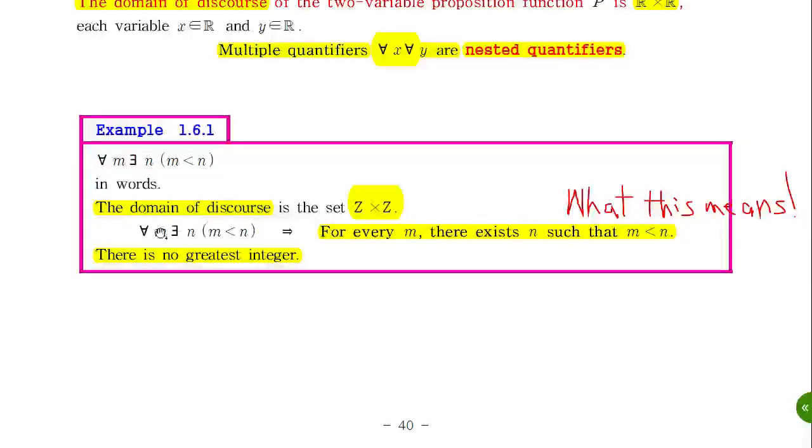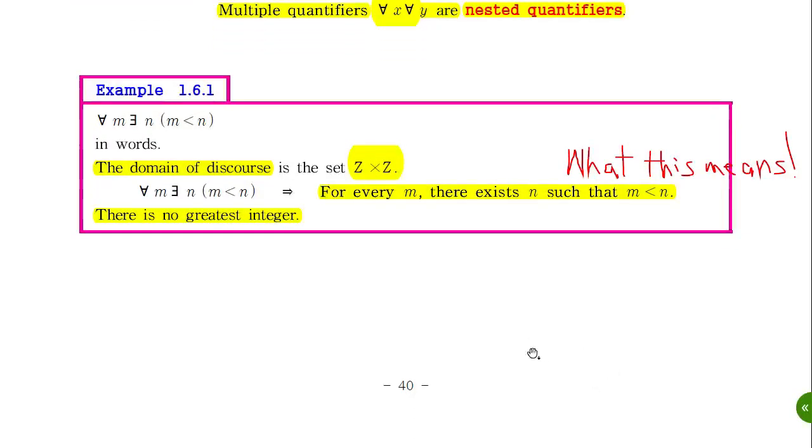This means if you choose any large integer m, still there exists a bigger integer than m. Which means there is no largest integer in the set of integers. This means for every integer m, there exists a bigger integer n such that m is less than n. Which means there is no greatest integer. That's what it says. Okay.